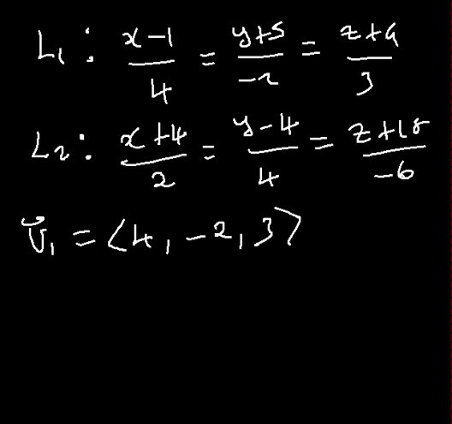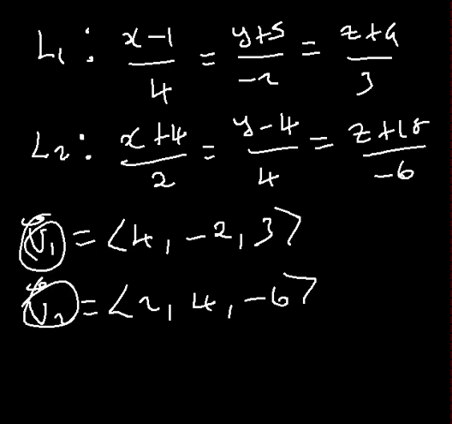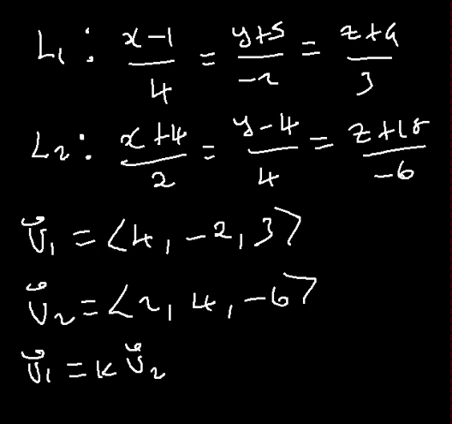We should also determine the direction vector for line 2, which is 2, 4, and negative 6. Then we determine if these two vectors are parallel, and thus they have to obey this principle: vector 1 has to be equal to a scalar multiple of vector 2.